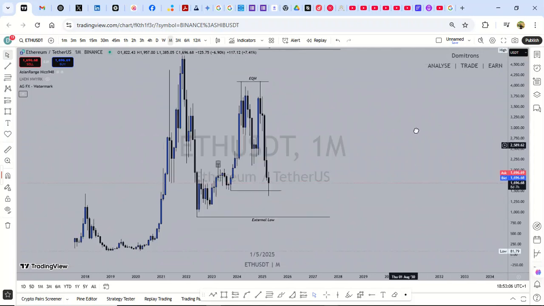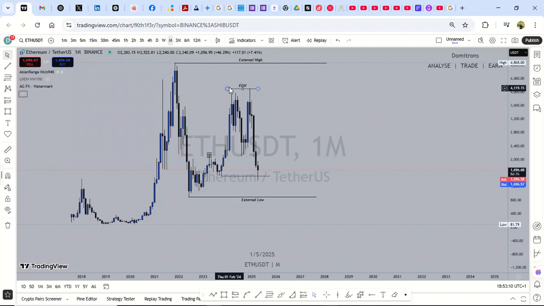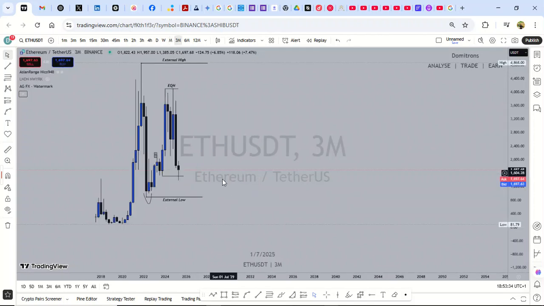So my idea is that since we have this failed high, I am watching Ethereum to go and sweep liquidity resting on this low. Alright, so that is what I am watching out for, for it to take liquidity from here, sweep it, and find its way to wherever it wants to go.